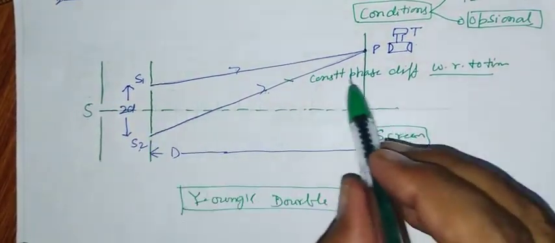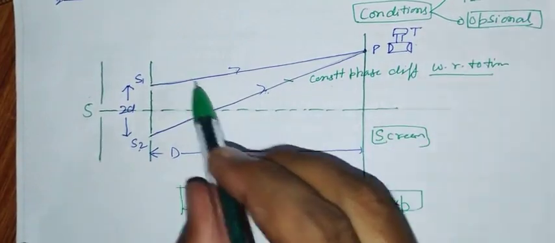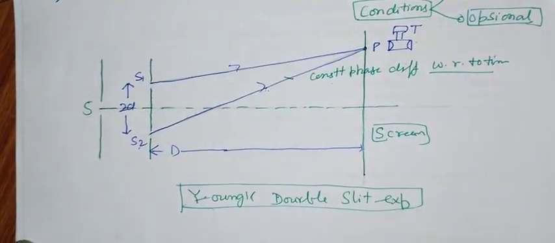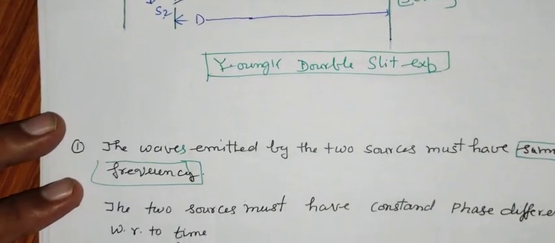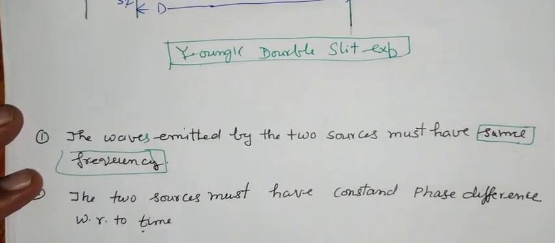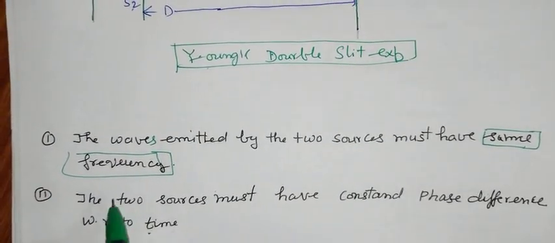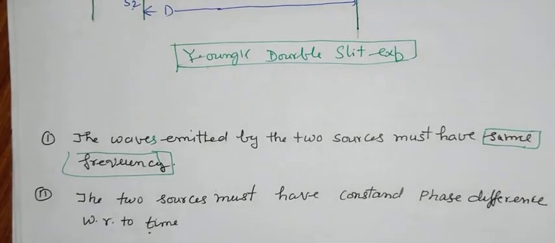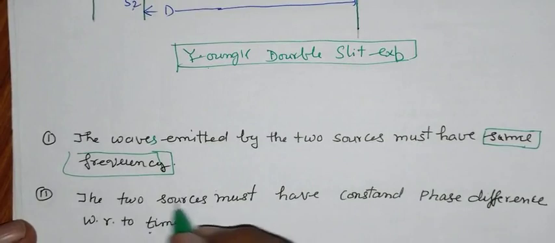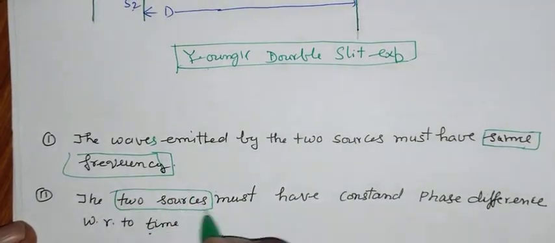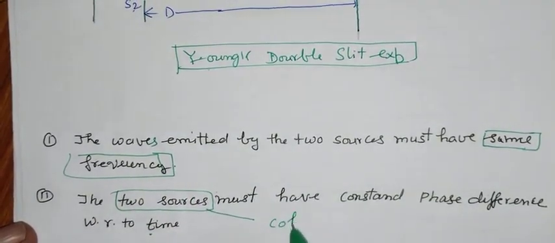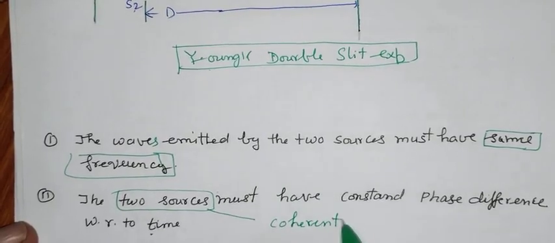This is the compulsory condition for both rays, and it is given here as the second condition: the two sources must have a constant phase difference with respect to time. Sources under this condition are known as coherent sources.